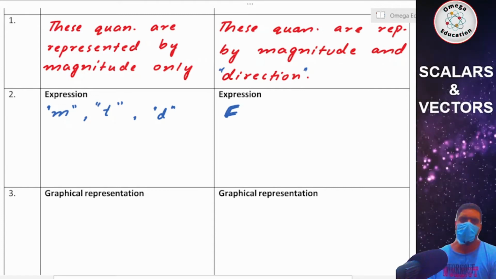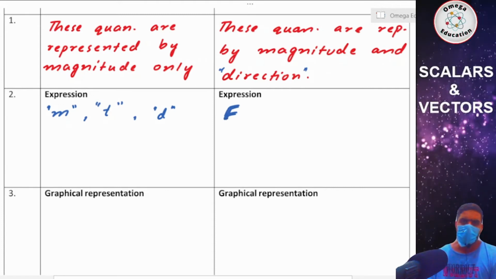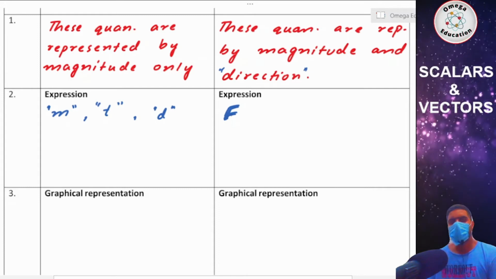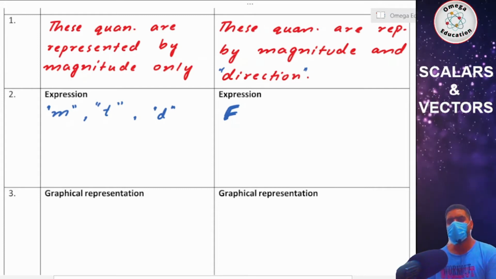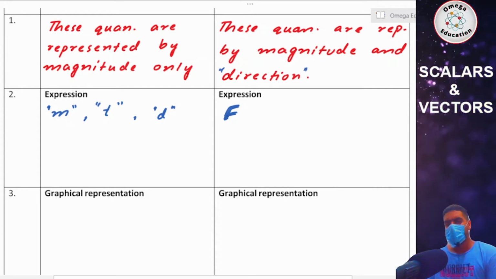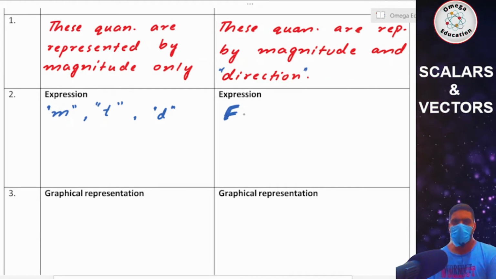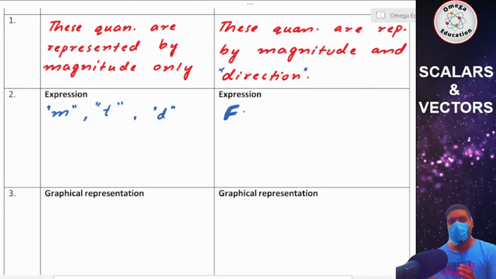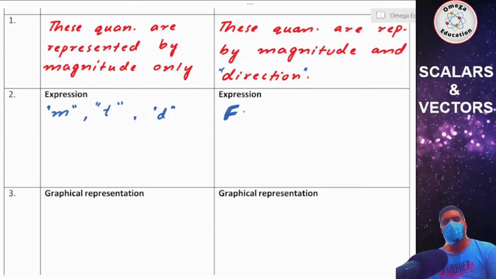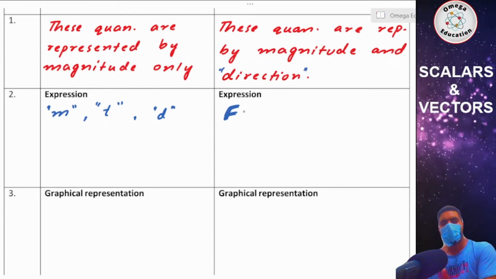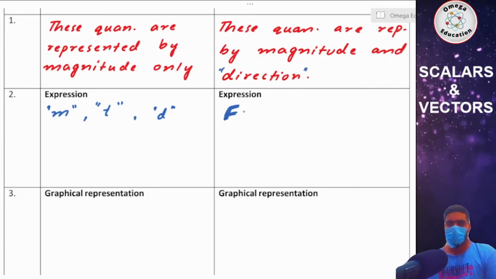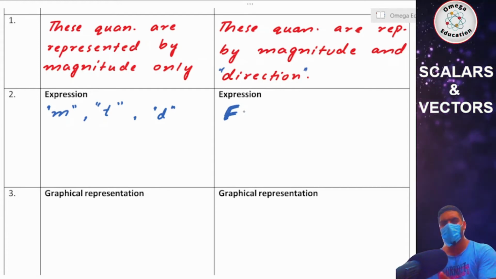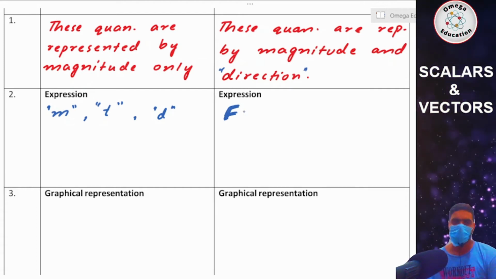There are different notations to it, so we are not getting into the details, because according to our syllabus we don't really need much information about it. That would be enough from here: scalar quantities can be represented by normal letters and vector quantities are represented by bold letters. And once again, there are plenty of ways you can represent a vector quantity.